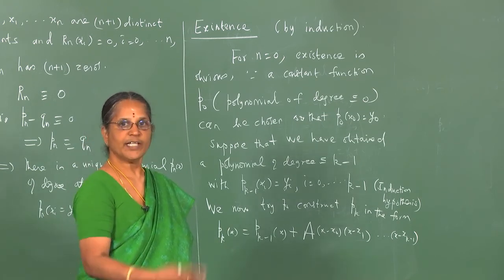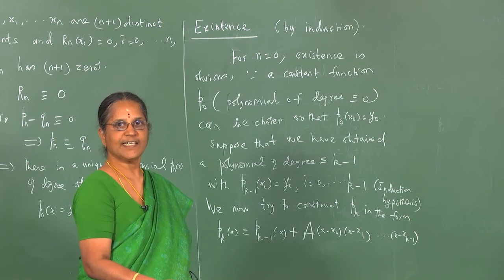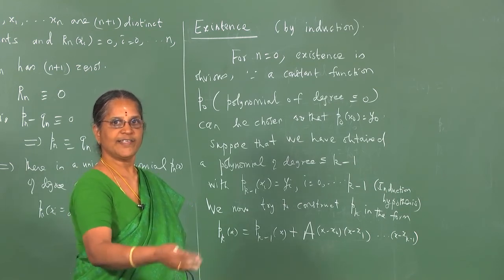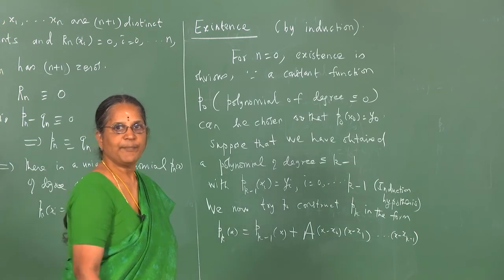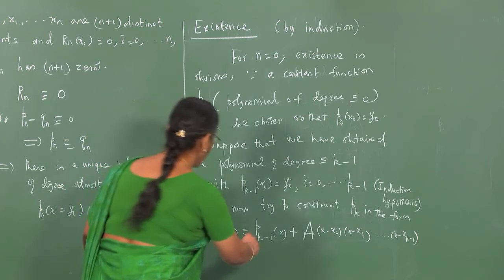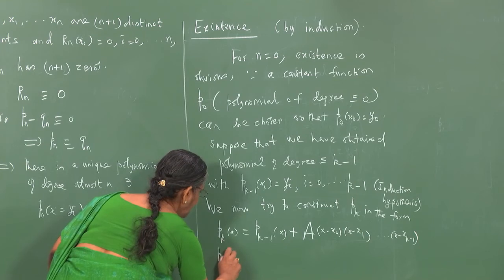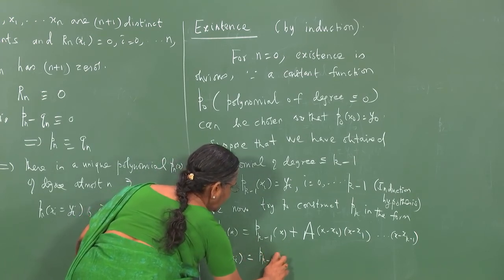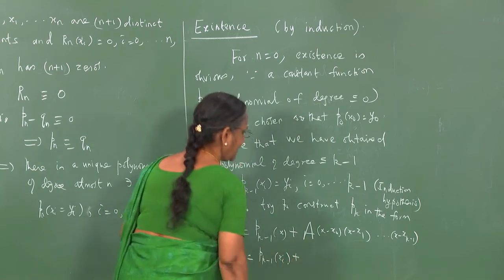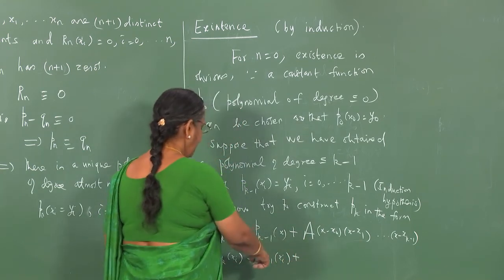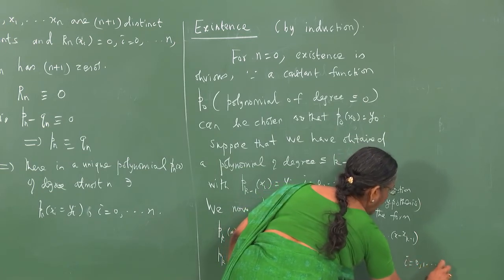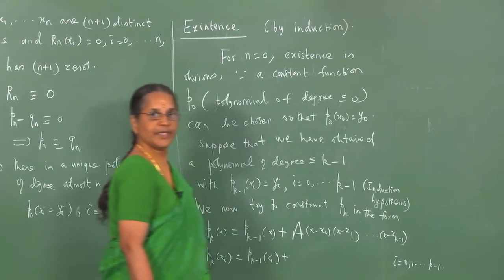We must show that pk satisfies the condition that pk at xi is yi for i equal to 0, 1, 2, 3 up to k. So, let us first check what happens at the xi. It is pk minus 1 of xi plus the extra term, and I shall take i to be any one of 0, 1, 2, 3 up to k minus 1.